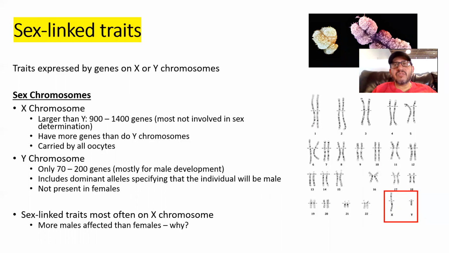So there's a lot of information on the X chromosome. It can carry anywhere from 900 to 1400 genes, and again, most of them are not involved in the determination of sex. What carries the sex determination is the Y chromosome.